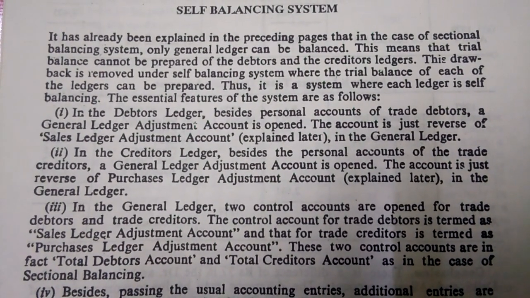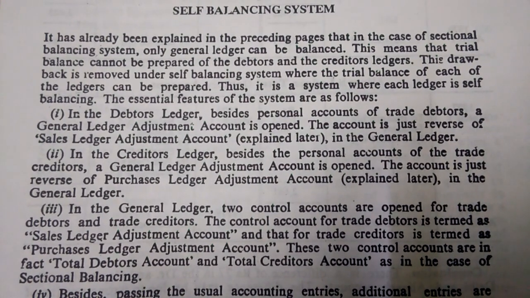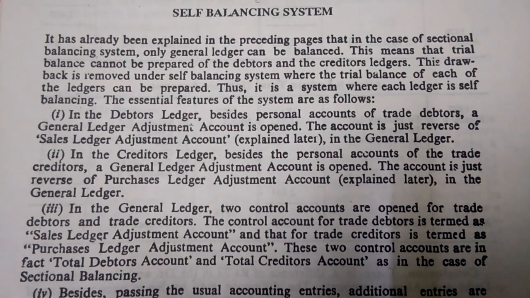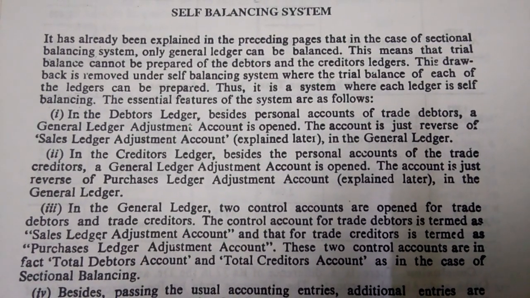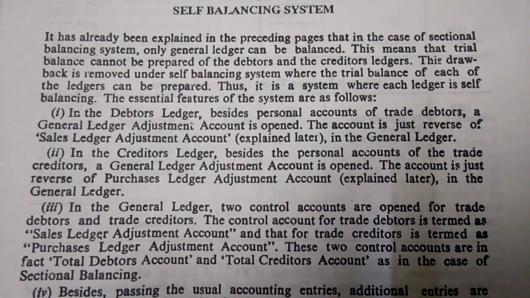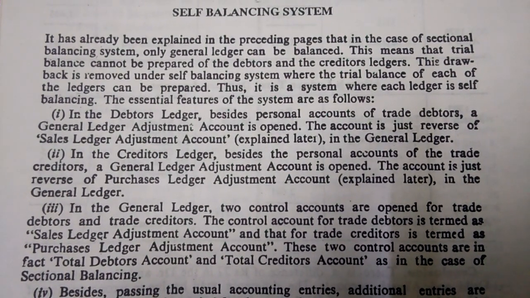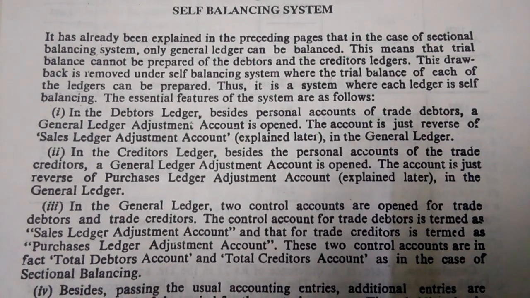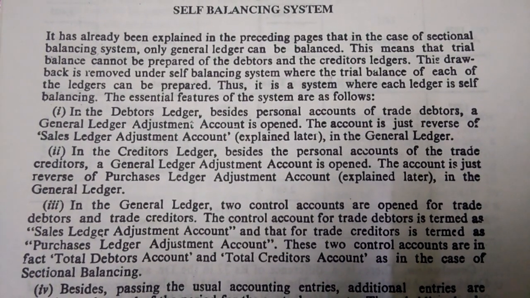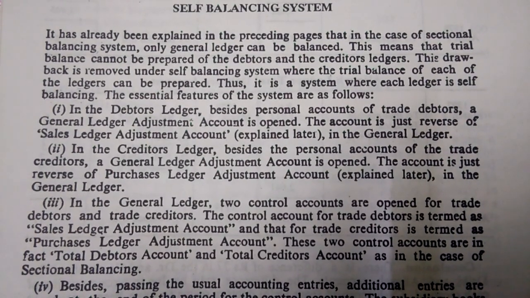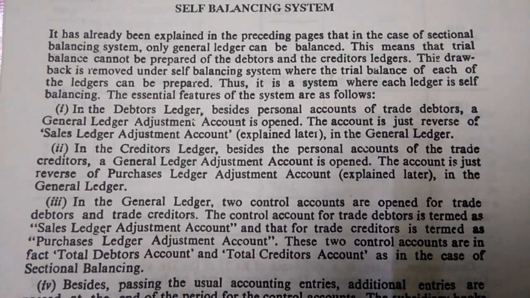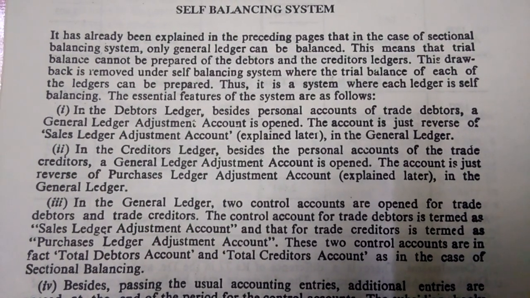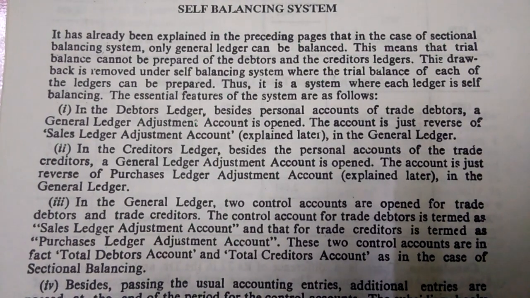The account is just the reverse of the sales ledger adjustment account in the general ledger. Second one, in the creditors ledger, besides the personal accounts of the trade creditors, a general ledger adjustment account is opened. The account is just the reverse of the purchases ledger adjustment account in the general ledger.